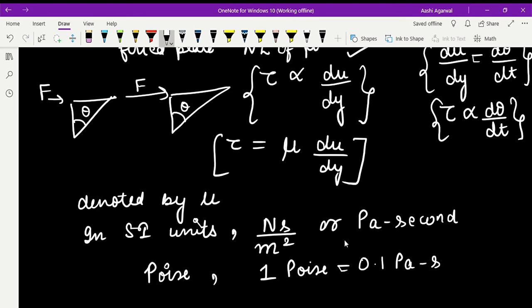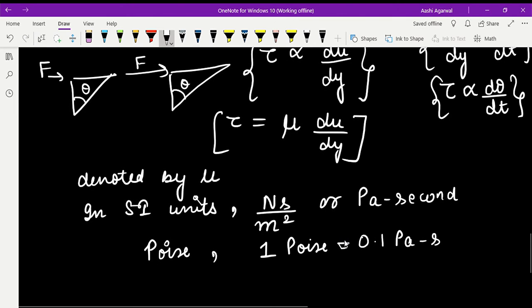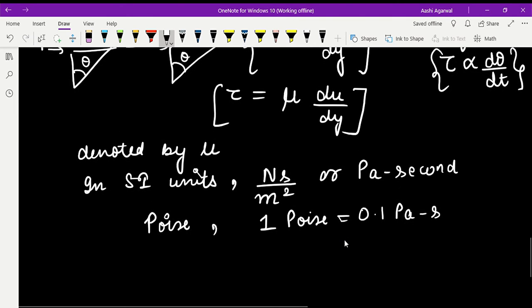One more concept is called kinematic viscosity. Basically, viscosity can be expressed in two ways: kinematic viscosity and dynamic viscosity. Kinematic viscosity is like this: suppose there is a fluid.